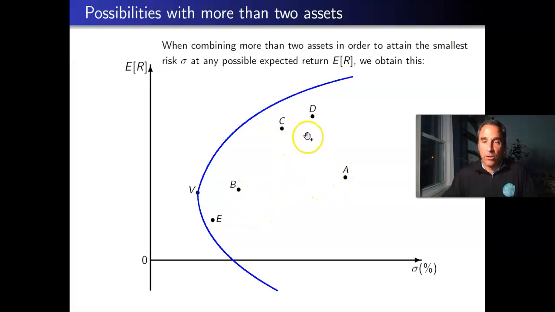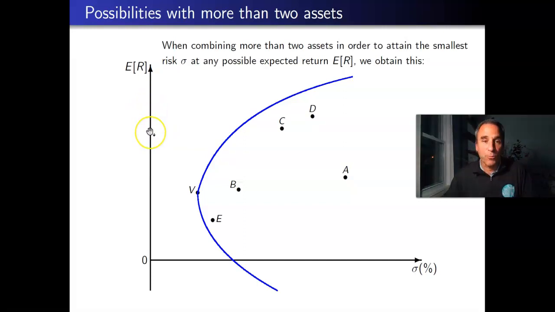If I sum all the weights, it has to be equal to 1, but then 1000% could be invested in C, and minus 10,000% could be invested in A. So you can do whatever you want as long as the sum of all the proportions is equal to 1. So this is the frontier of the best you can do for every possible level of risk or for every possible level of expected return.